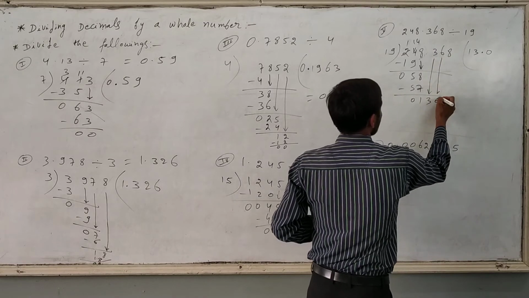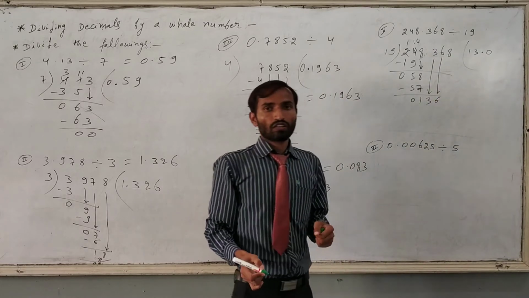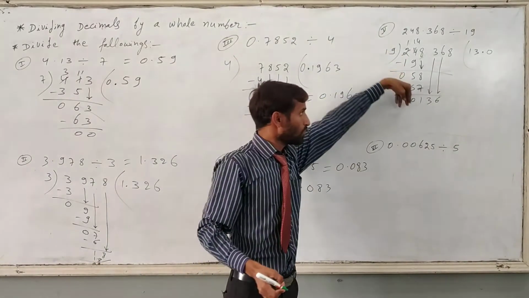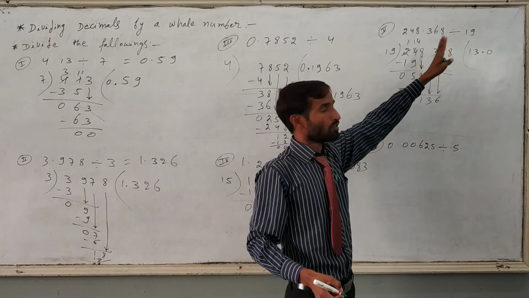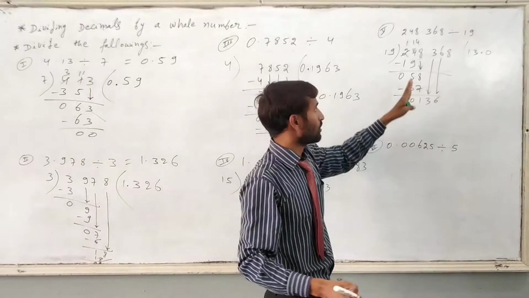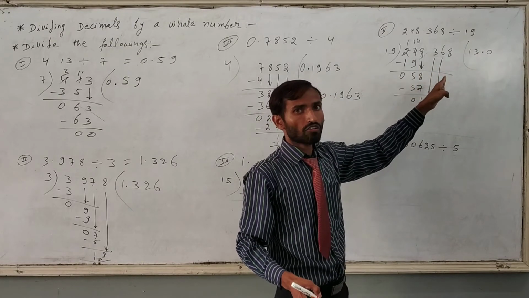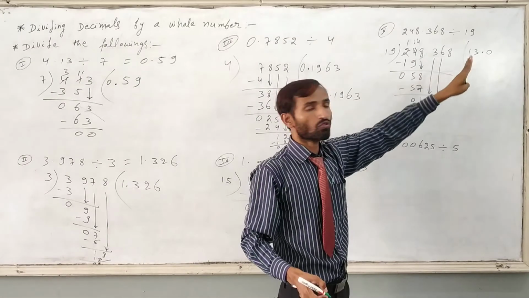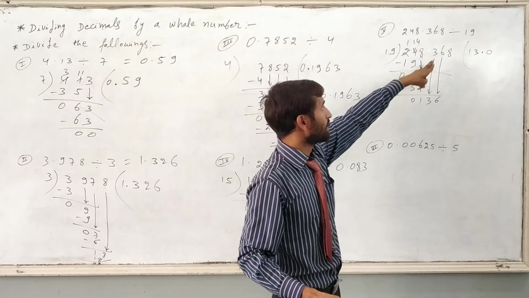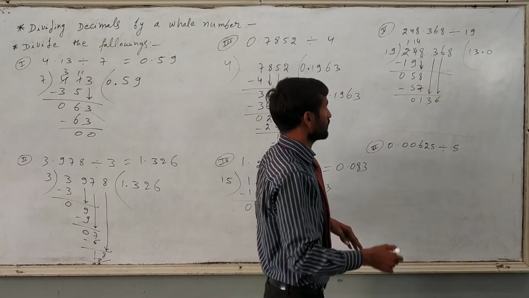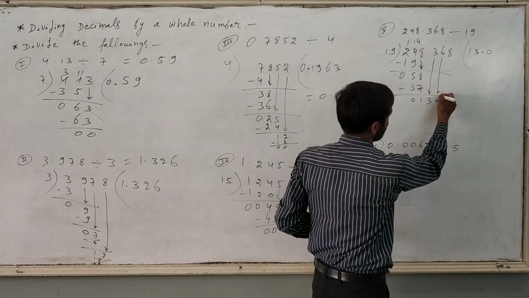Otherwise no. Because we cannot write two digits down at a time without putting a 0 there. So for one digit we can take it down. After the second digit, continuously we have to put a 0. Then we write down 6. Otherwise we will get a wrong answer.